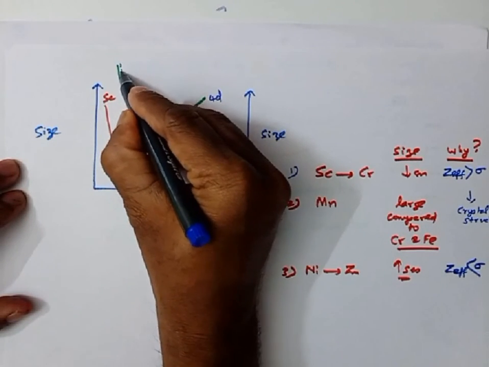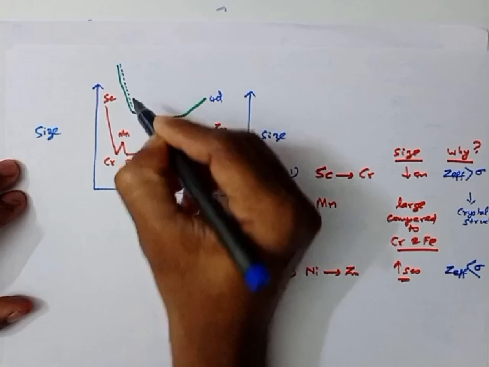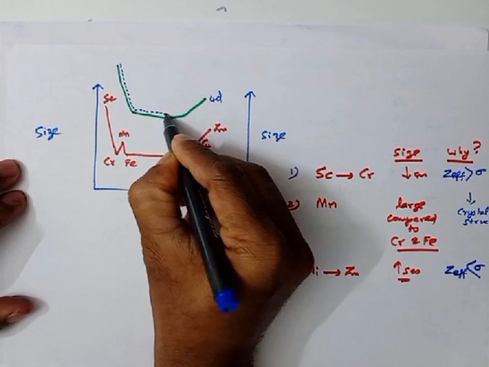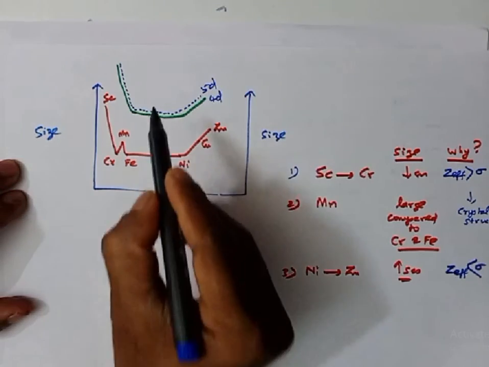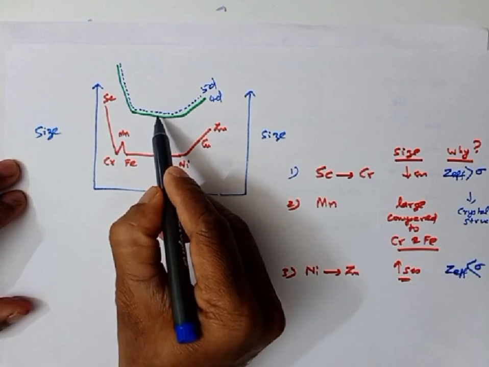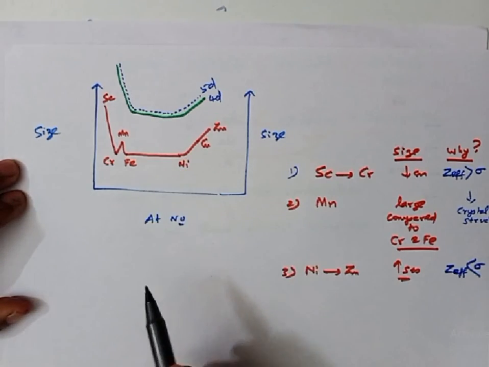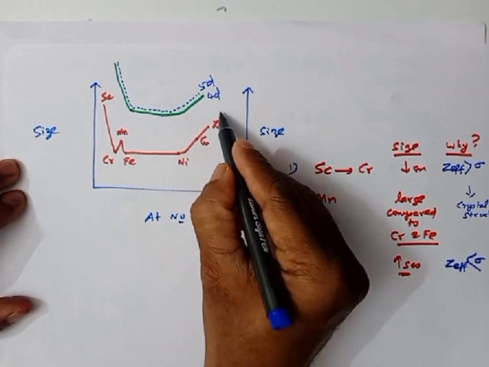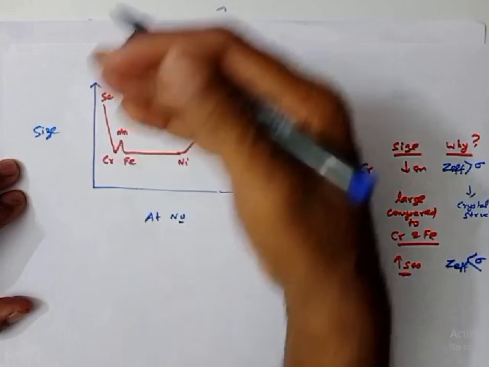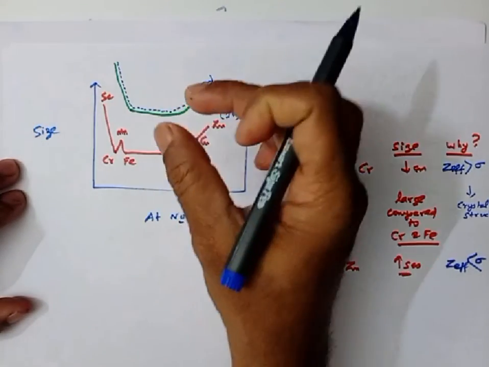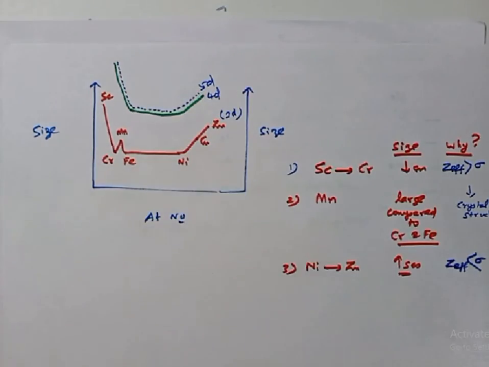The 5D series elements have size close to the 4D. The sizes of 4D and 5D elements are very close. Compared to the 3D series, 4D series elements have larger size, but 4D and 5D are very close. It is because of lanthanide contraction. Okay, student, take it down.